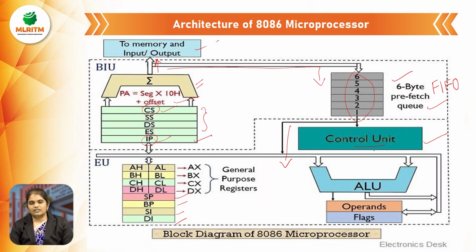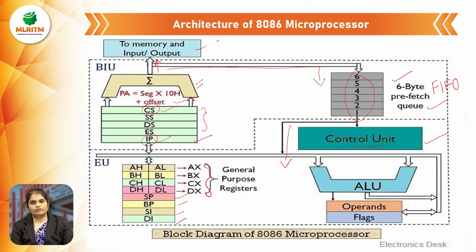The decoded data is moved to these 4 registers, which are called general purpose registers, each 16 bits in size. We can use them as 16-bit registers, or as 1 byte, 8 bits, based on the requirement.